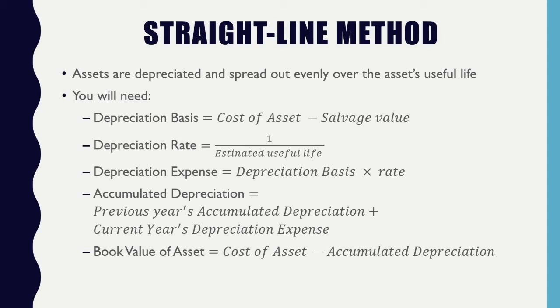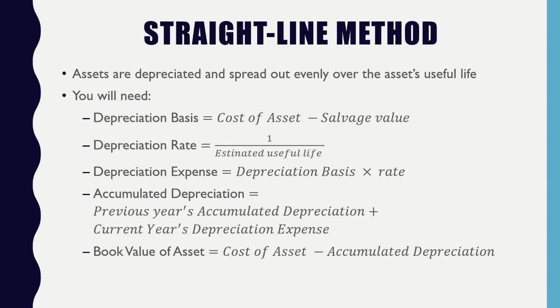Where did this one come from? Double declining, except instead of multiplying it twice as much, you're only doing it once. Then your depreciation expense is going to be your basis times rate. And your accumulated and book value use the same exact formulas.